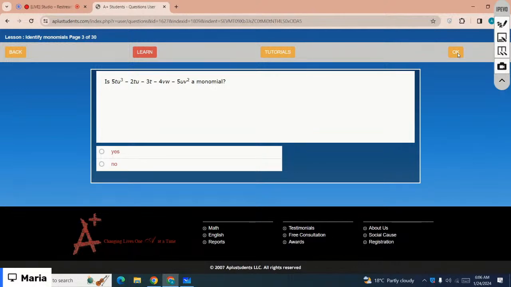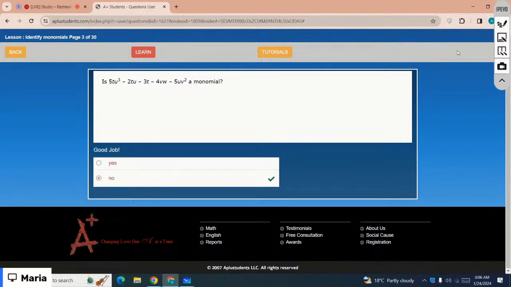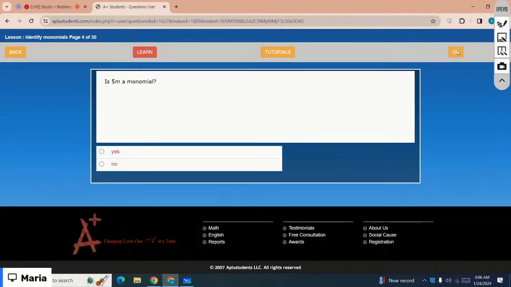Is 5t cube minus 2tu minus 3t minus 4vw minus 5u v square a monomial, which is the correct option? The correct option is no, this is not a monomial. Got it? Because a monomial doesn't include addition and subtraction signs, right?